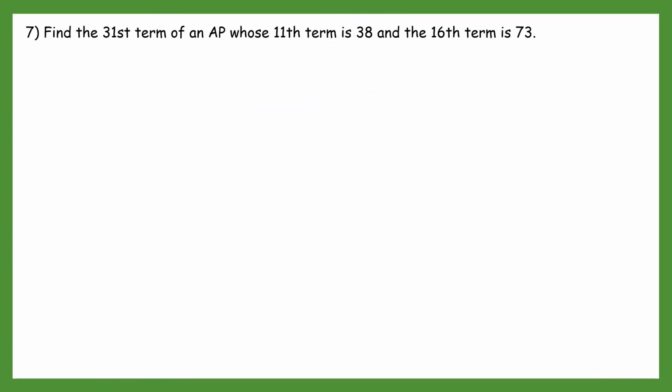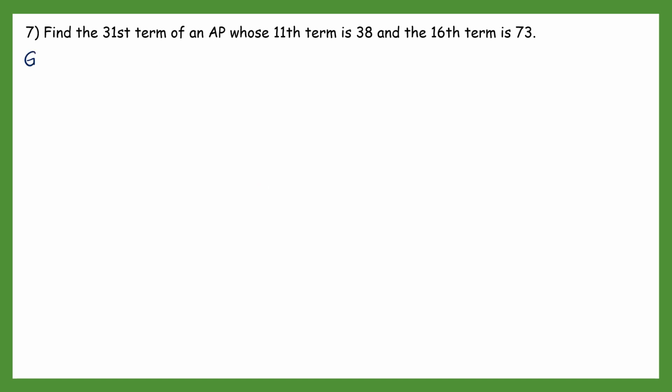Next question. Find the 31st term of an arithmetic progression whose 11th term is 38 and 16th term is 73. They have given the 11th term and 16th term. We should find the 31st term of the arithmetic progression. Let's do it.